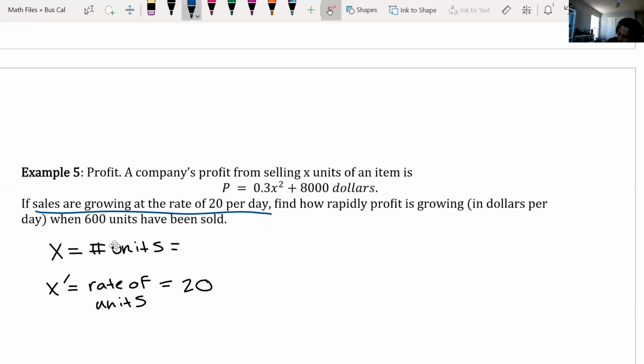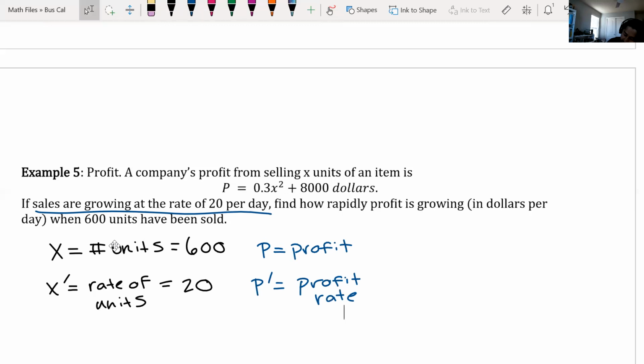And then it says, find how rapidly profit is growing in dollars per day when 600 units have been sold. So this would be 600. And of course, P is profit, and P prime is the profit rate or rate of change of profit.